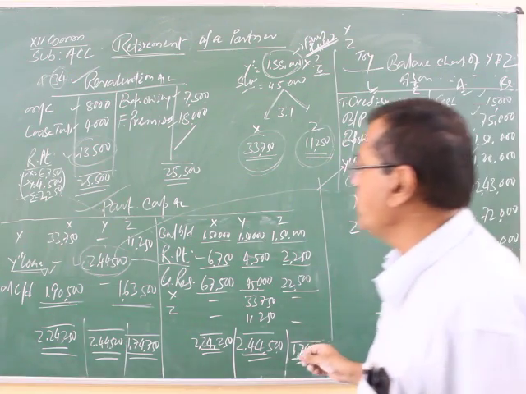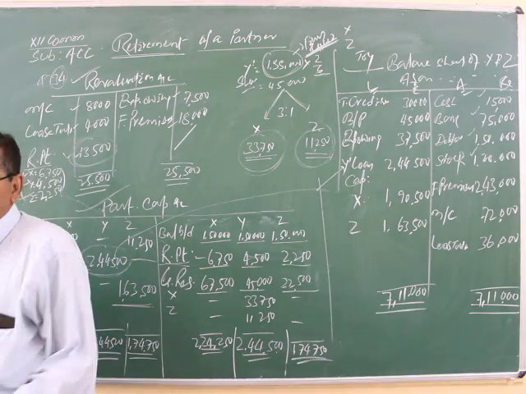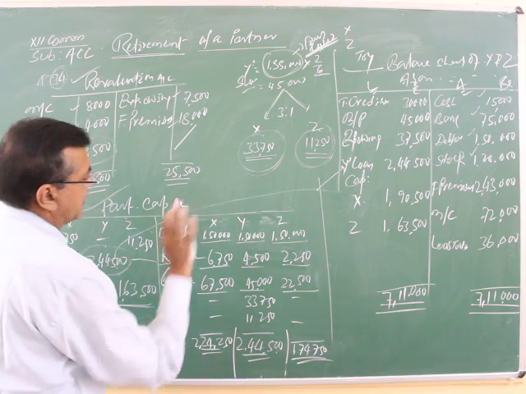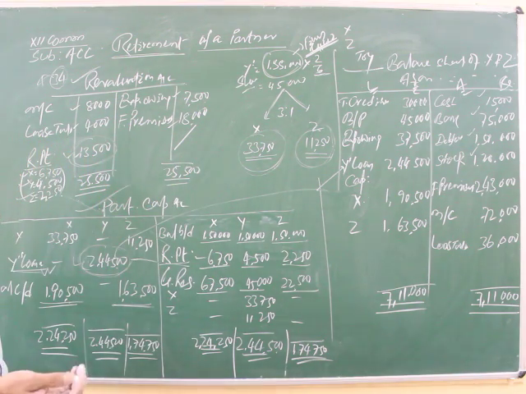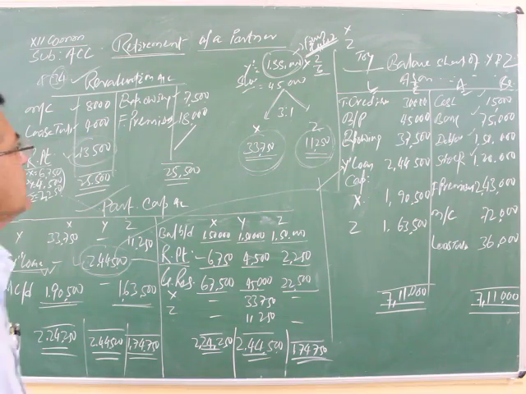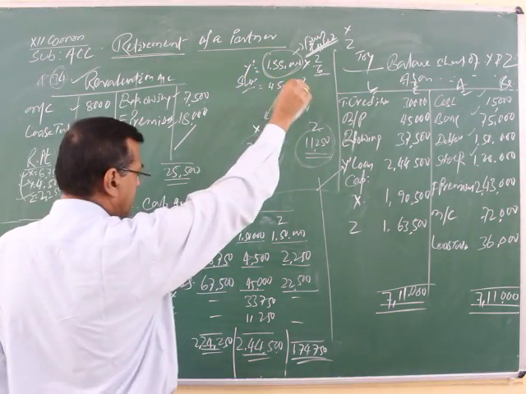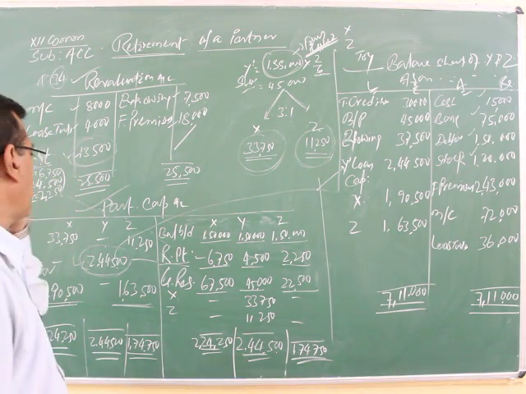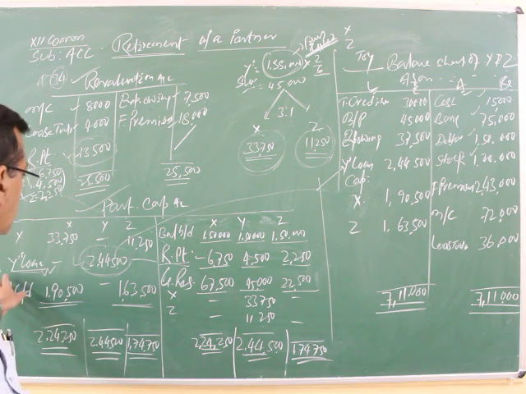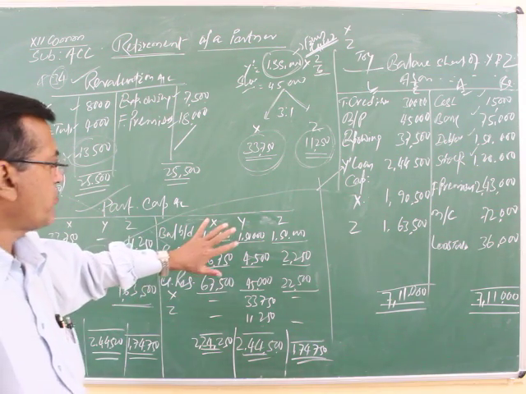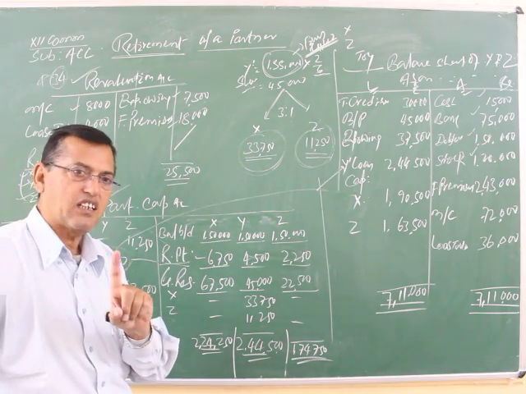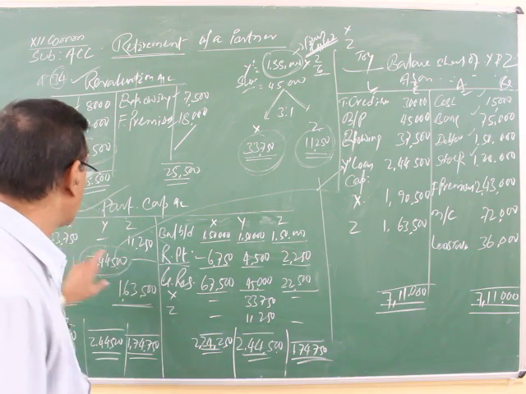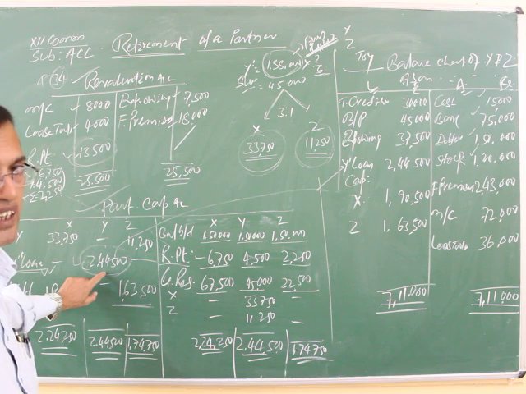So the revaluation account concept remains the same as in admission. The partners' capital account concept remains the same as in admission. And the balance sheet remains the same as in admission. But there is only one difference, which is the treatment of goodwill. And the second thing is about the retiring partner, there is a mode of payment. In the admission of partners, we simply wrote down the balance sheet. But in the case of retirement, there is a mode of payment. If the question is silent, then the entire balance of the retiring partner's capital is transferred to the concerned partner's loan account.